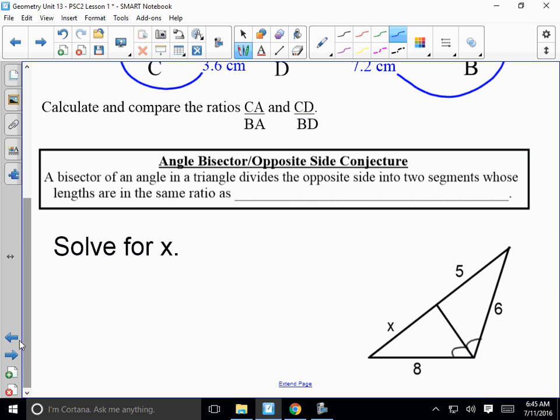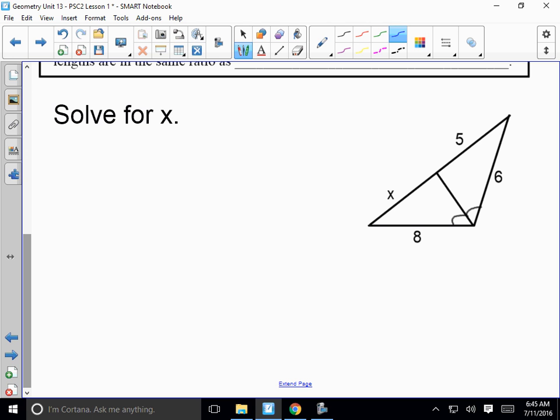So if we're looking at trying to solve for this situation, notice we have the two equal angles for the angle bisector. So then we know that our ratio of left over top is going to equal the ratio of right over top.